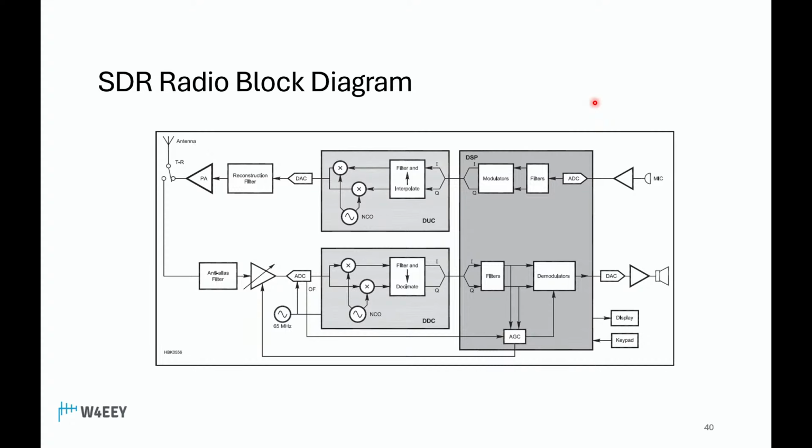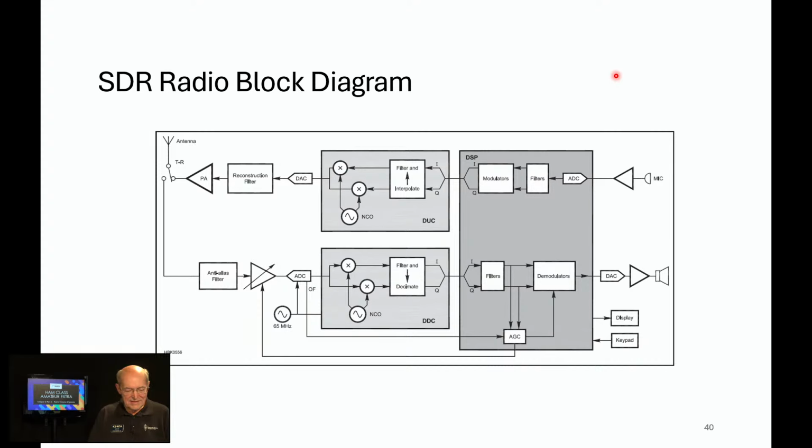So let's take a few minutes and look at an SDR radio block diagram. Looks like a lot of confusing stuff here, but we'll kind of walk through the transmit path and then the receive path and comment on it. And it's digital all the way through. You'll see at the antenna on the receive side, we're converting it directly to digital right at the antenna, which never used to be able to be done before.